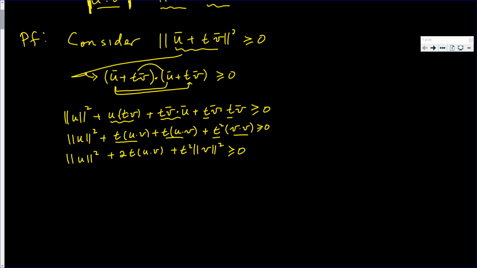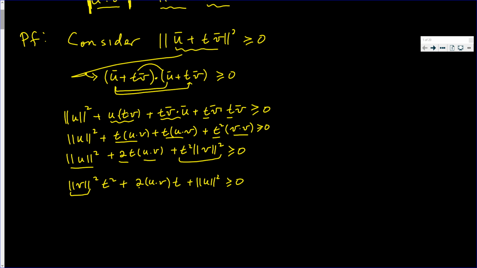Rearranging this, I want to write this as a polynomial in t, a quadratic in t. In fact, it's the length of v squared times t squared plus 2 times u dot v times t plus the length of u squared, greater than or equal to 0.